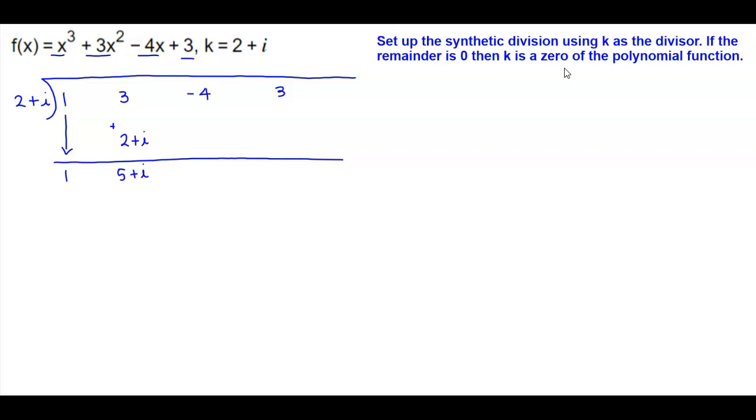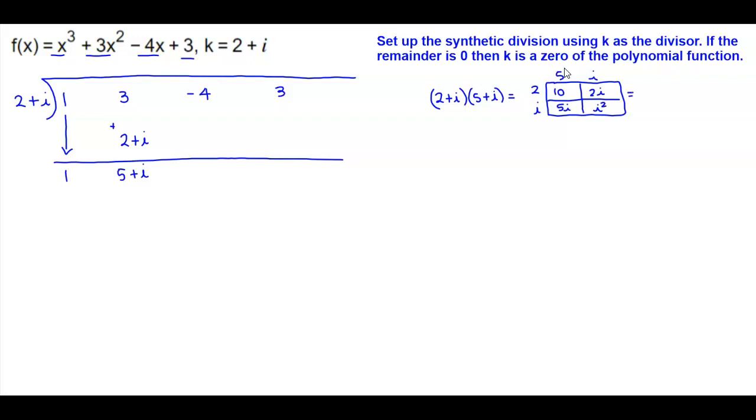And now what we need to do is multiply 2 plus i times 5 plus i. So again, if we use the box method, or if you want to use the FOIL method, is entirely up to you. But we have 2 plus i times 5 plus i. 2 times 5 is 10. 2 times i is 2i. 5 times i is 5i. And then i times i is i squared.